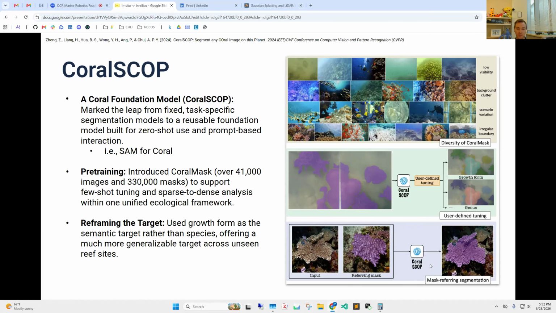A key distinction of this work compared to the other two was that by training this model to recognize general growth forms rather than specific species or semantics, whether taxonomy or otherwise, it generalized really well to reefs that it hadn't seen before.